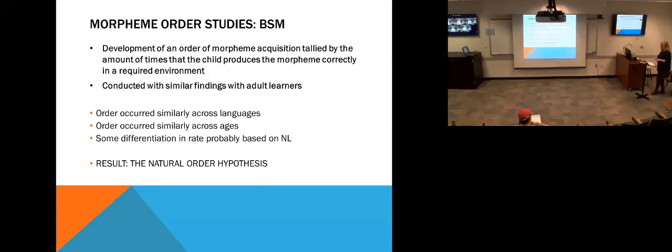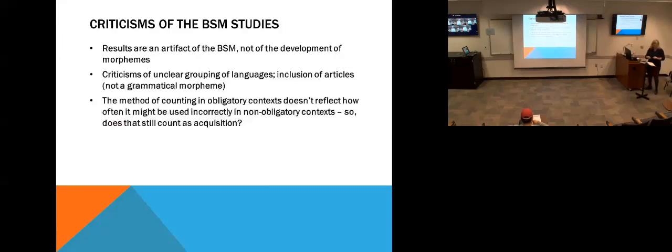Okay, now this research was all done pretty much in the 70s and 80s. And as you read in the chapter, it's come under quite a lot of criticism since then. The criticism is all in your book. But essentially, typical criticisms are that the BSM, the test itself, ends up producing the kind of results that you expect.